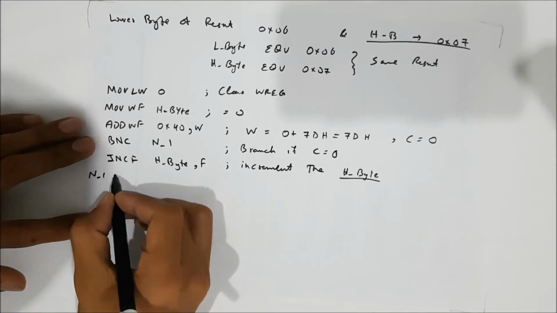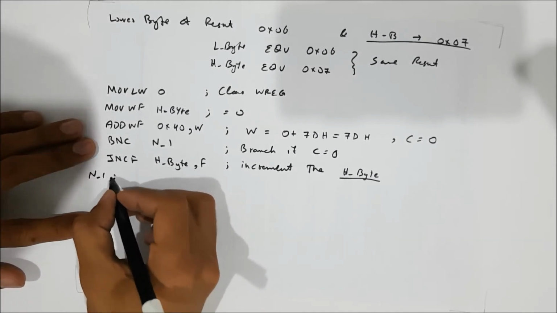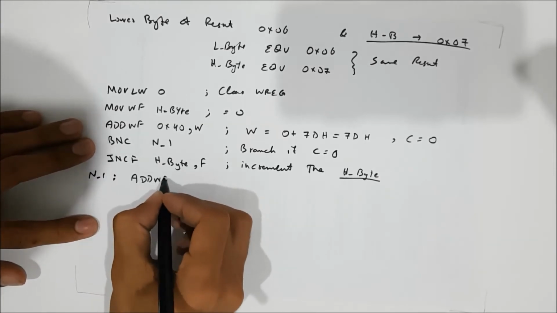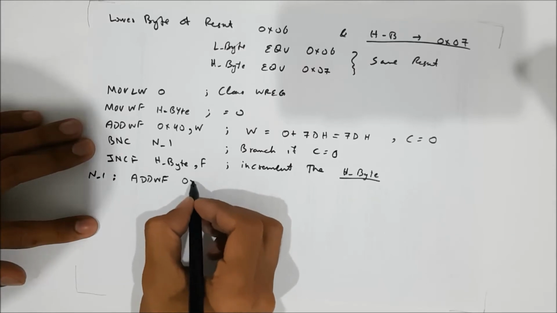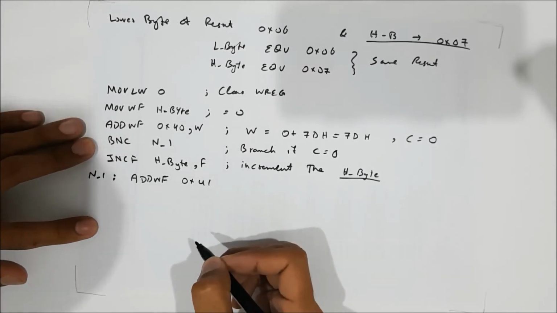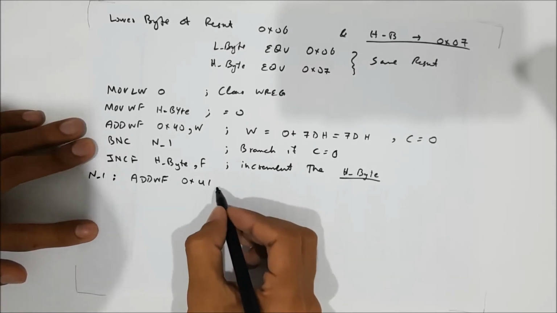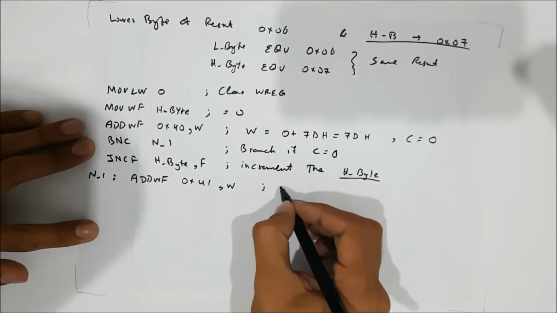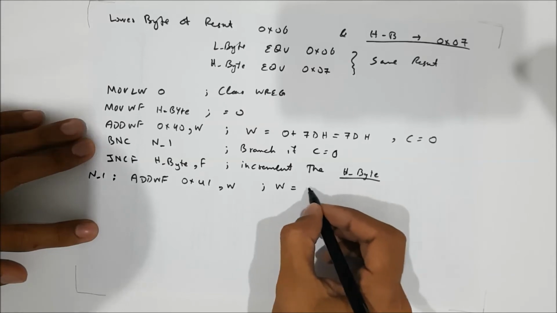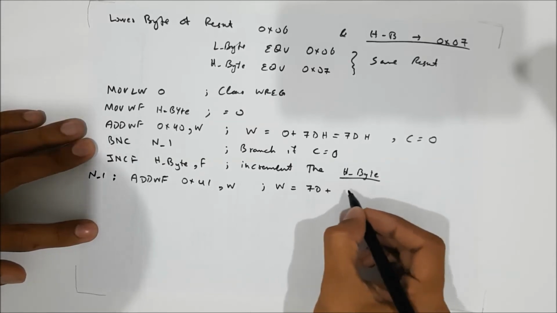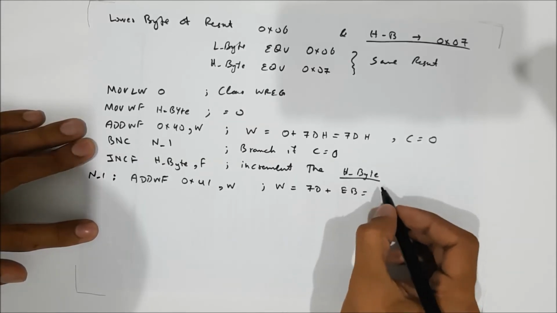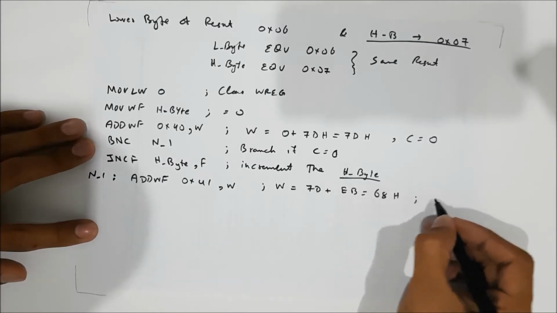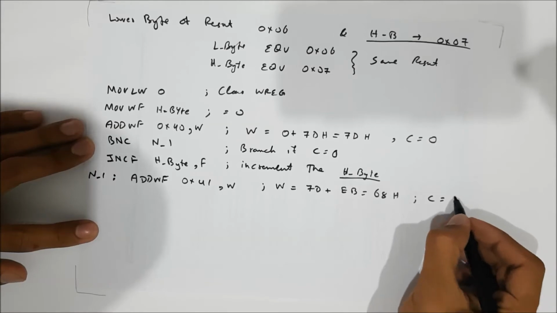N1. At N1, what we want to do is ADDWF 0x04, 1, and the result will be saved in W register. Again, what this instruction will do is W is equal to 7D plus EB is equal to 68 hex, and now carry is equal to 1.